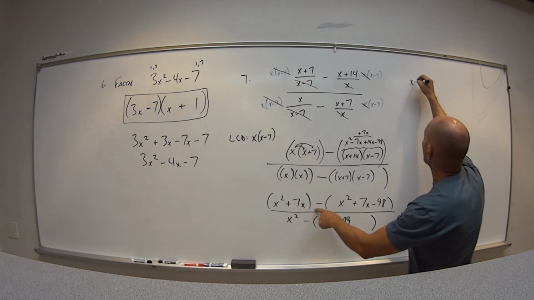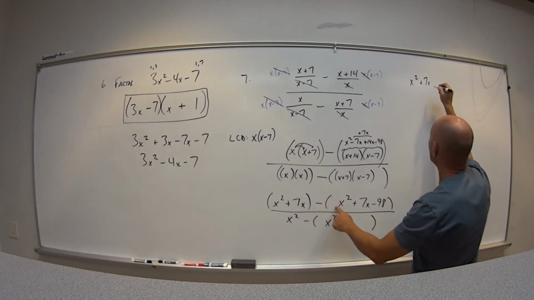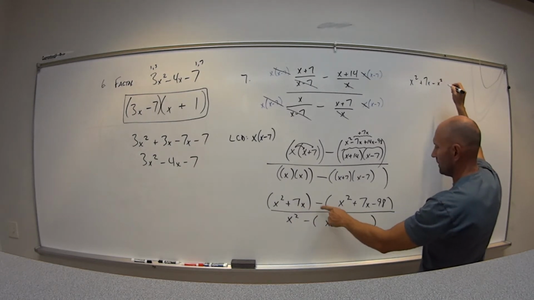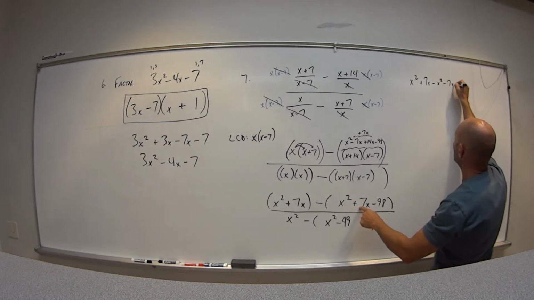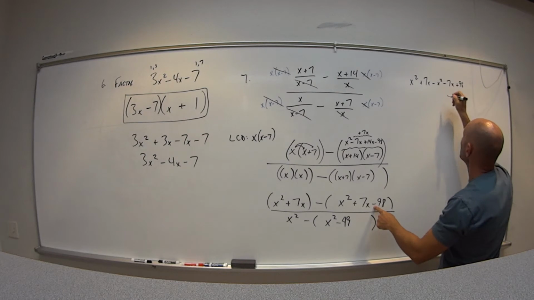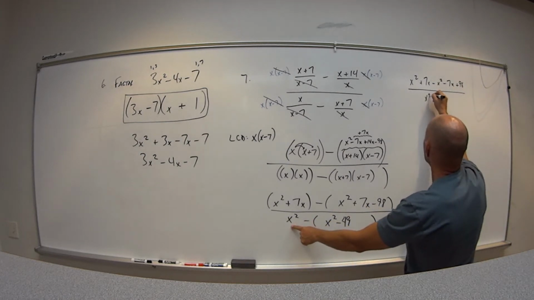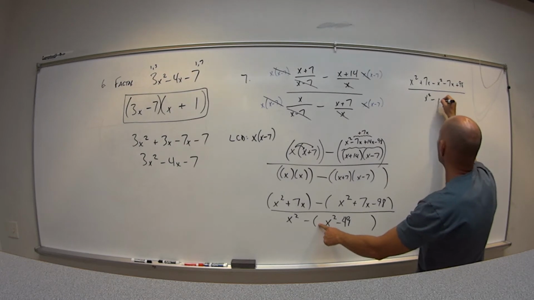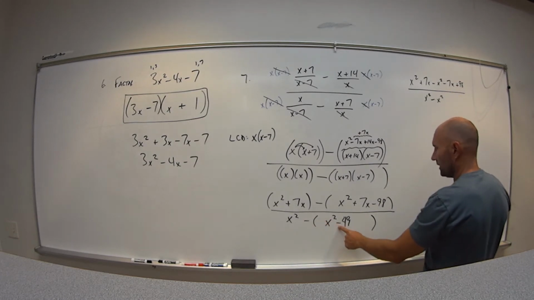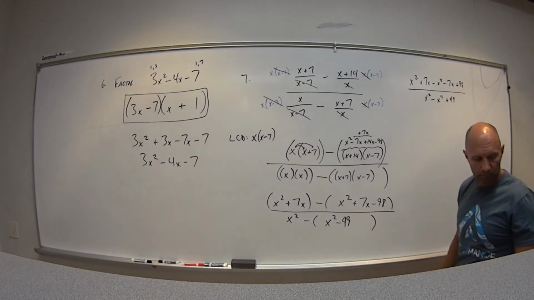So I get x squared plus 7x minus x squared minus 7x minus a negative 98 is plus 98. All over x squared minus x squared minus a negative 49, so that's plus 49.